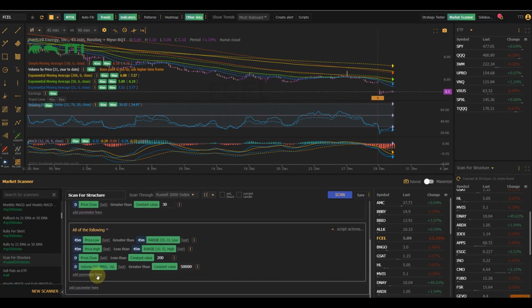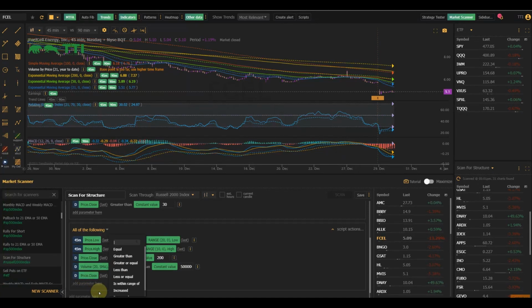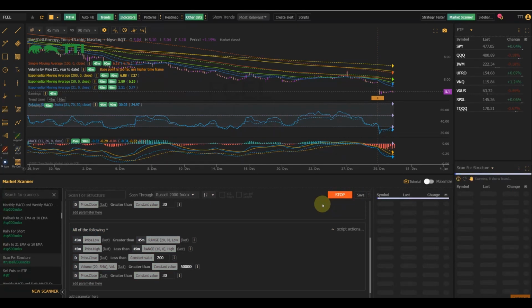Same thing down here, condition price on the daily close is greater than constant value 30. Save, scan. Now we're going to get a much smaller number, but this is fantastic.